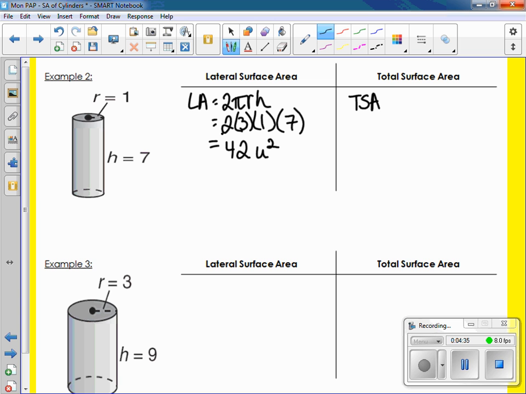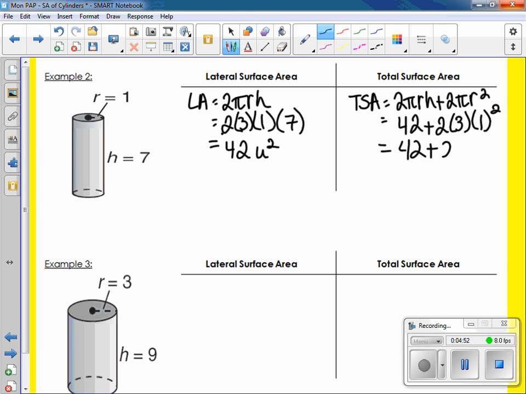Total surface area is 2 pi r h plus 2 pi r squared. I've already found my lateral surface area. Now I just need to plug in pi, 3, and the radius is 1. So 42, 1 squared is just 1. So I'm adding 6 to 42, which makes 48 units squared.